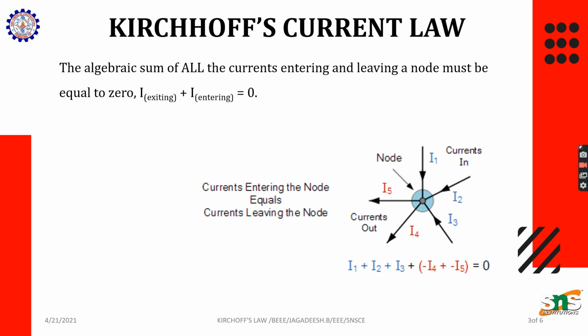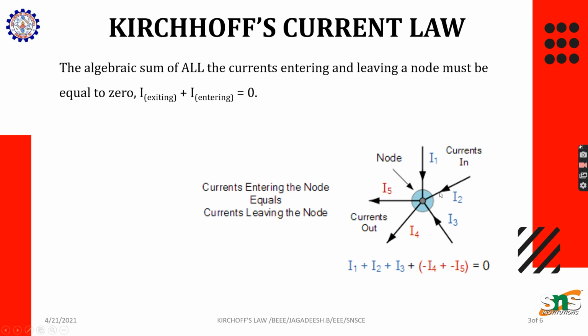When we add both the entering and existing currents, the net value of the current will be zero. In other terms, we can say the incoming current is equal to the outgoing current. So we can equate from this equation.